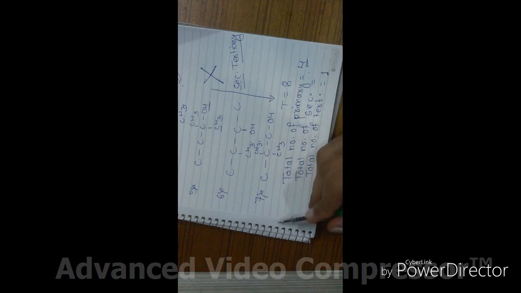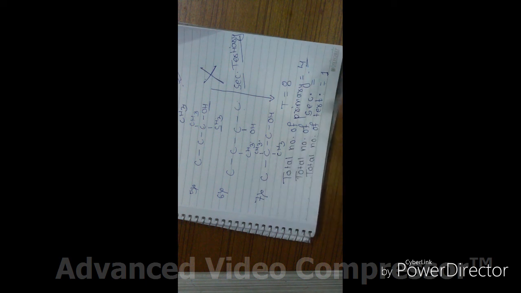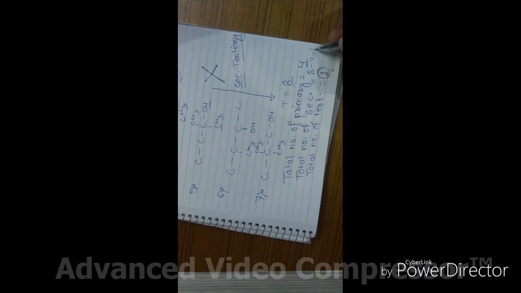Only one tertiary isomer is present in any formula. So you can calculate it by subtracting: 8 minus 4 minus 1 equals 3. So the total number of secondary isomers equals 3 and the total number of tertiary isomers equals 1.